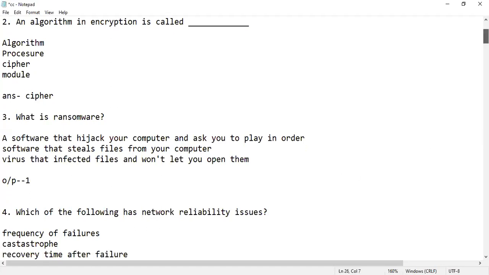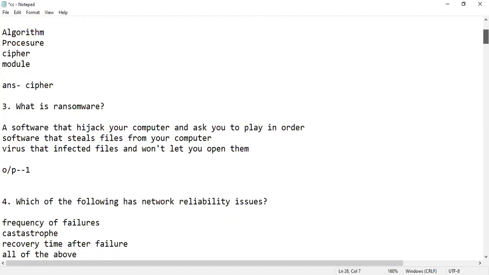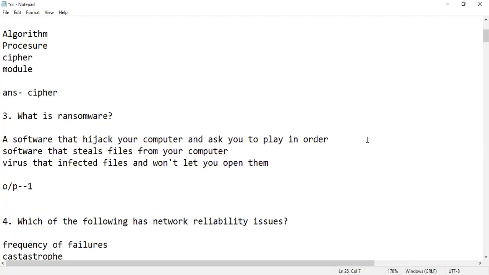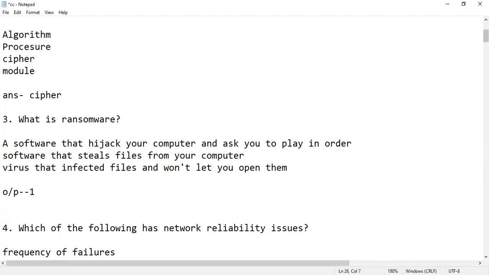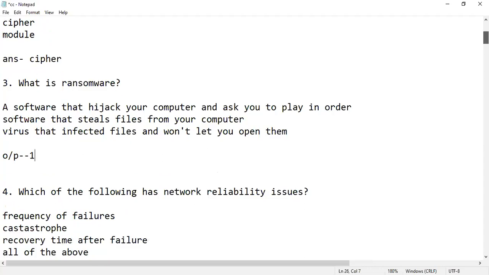The next question is, which of the following has a network reliability issue? The options are frequency of failures, catastrophe, recovery time after failure, and all of the above.